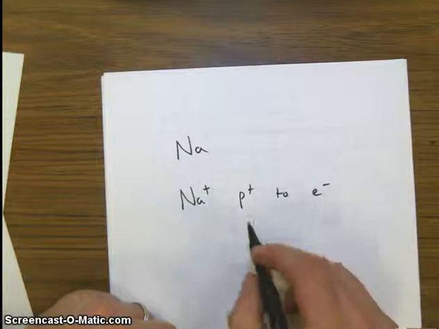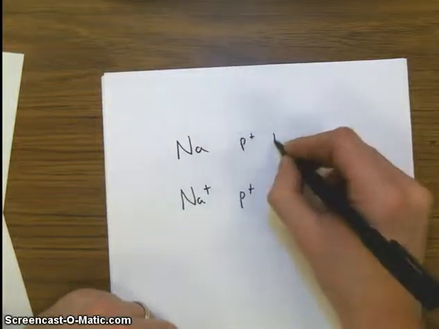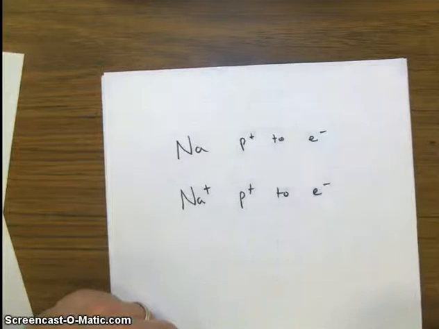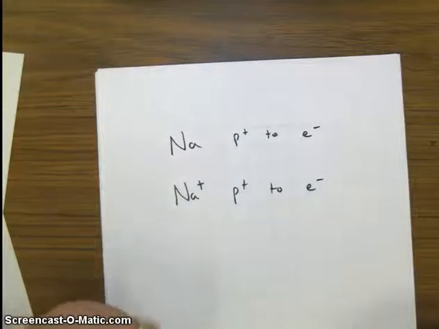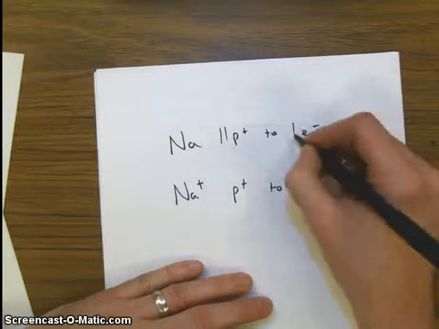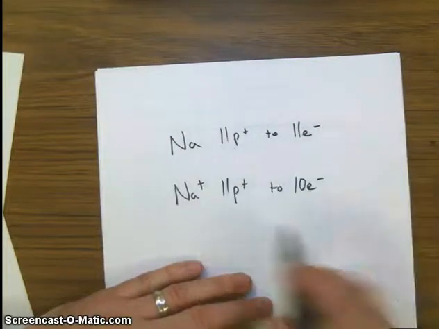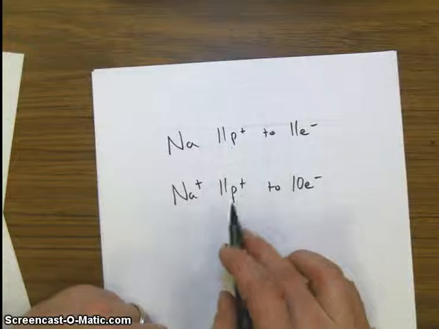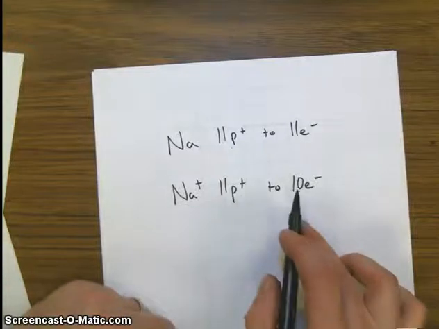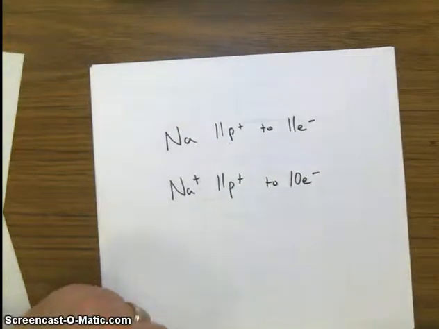So the effective nuclear charge is slightly larger. The ratio of protons to electrons for a neutral sodium atom is not the case. When it's neutral, we've got 11 protons and 11 electrons. Here it's 11 protons and 10 electrons. These protons have a much stronger pulling force in comparison to all of the total electrons in an ion.